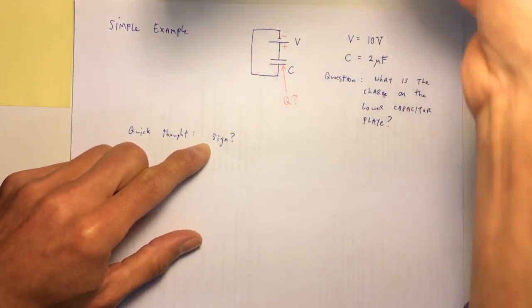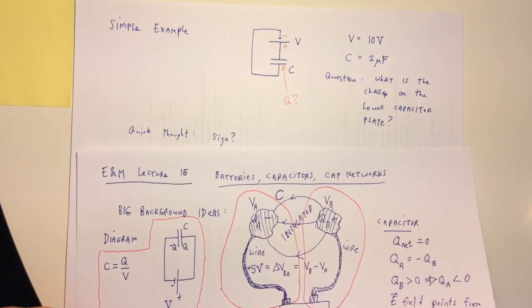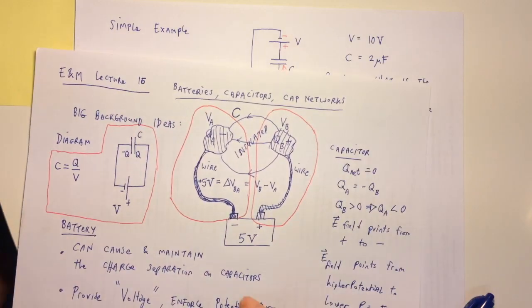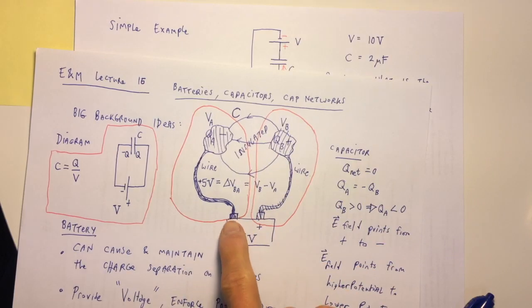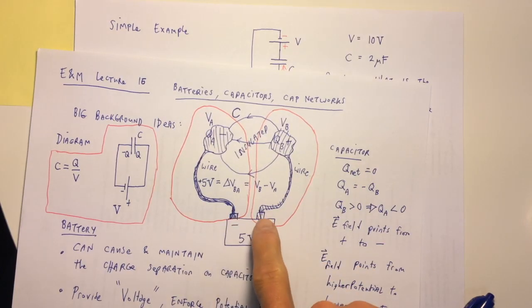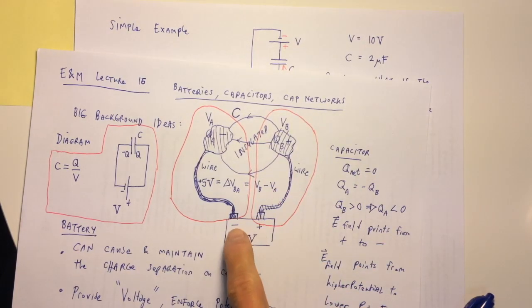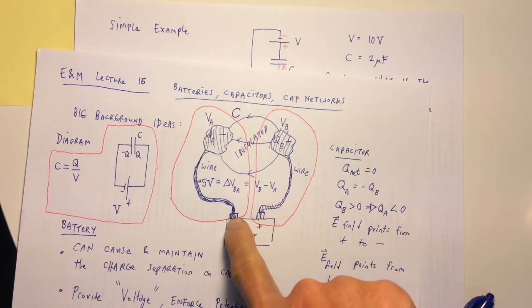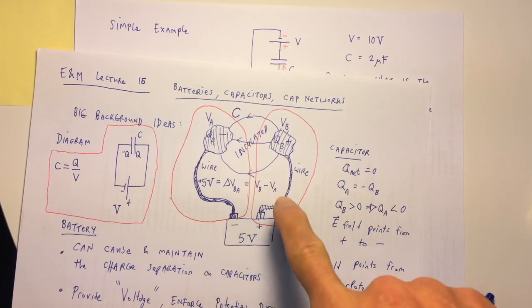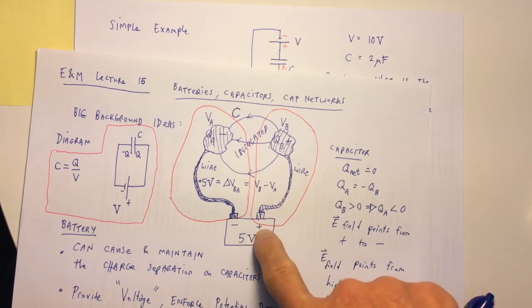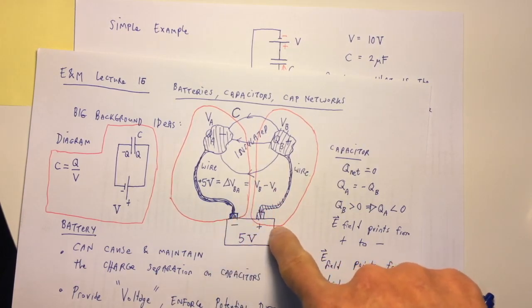So up here, if you remind yourself of how things would work out, this battery maintains a potential difference by causing the negative terminal to have the appropriate negative charge and the positive terminal to have the appropriate positive charge, such that the net charge is 0.